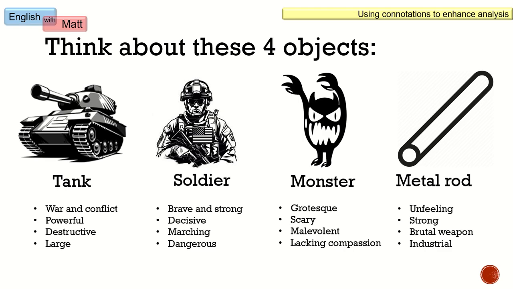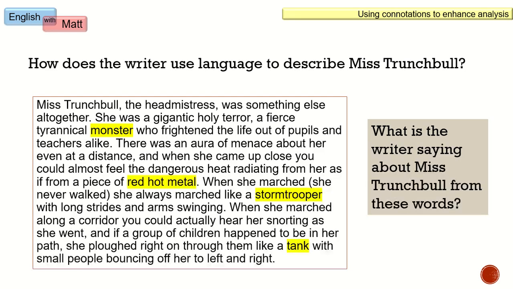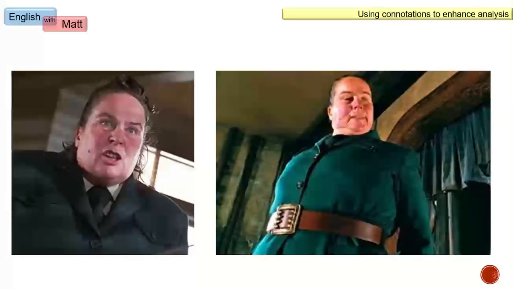The writer wanted us to believe that Miss Trunchbull was very forceful, very tyrannical, very unfeeling or unempathetic towards the students, very destructive, quite scary, malevolent, etc. So all of these bullet points, which we have listed here to do with the connotations of these objects, could also be used to describe Miss Trunchbull. And it's from that that we understand her as being very fierce and pretty unpleasant.